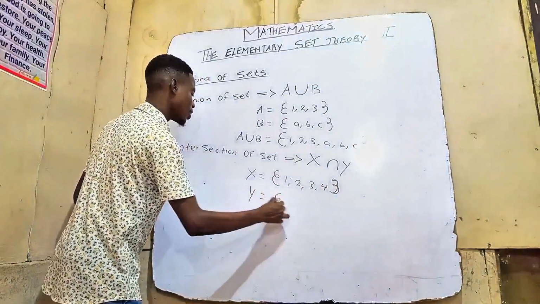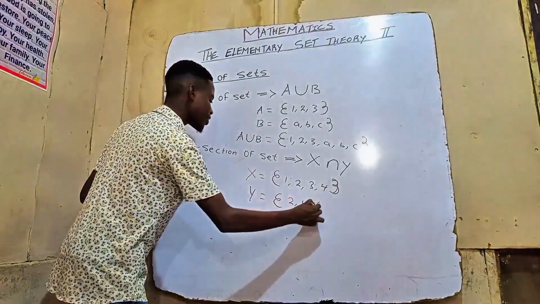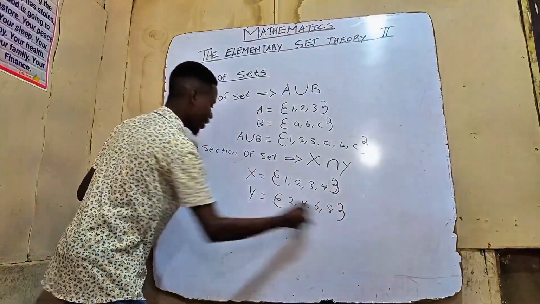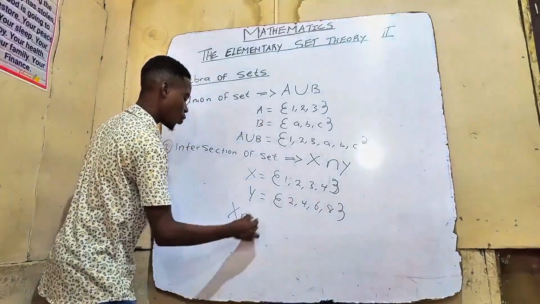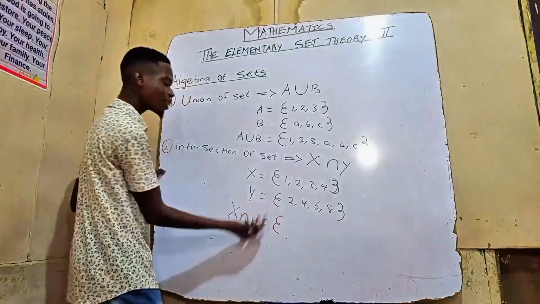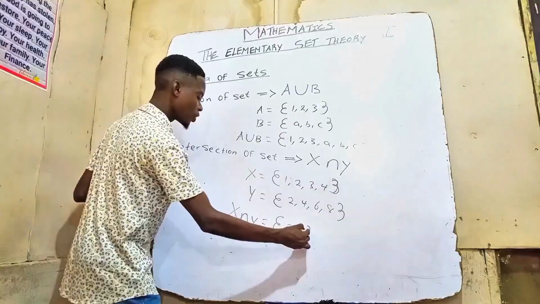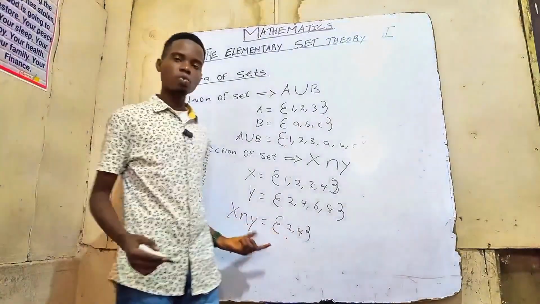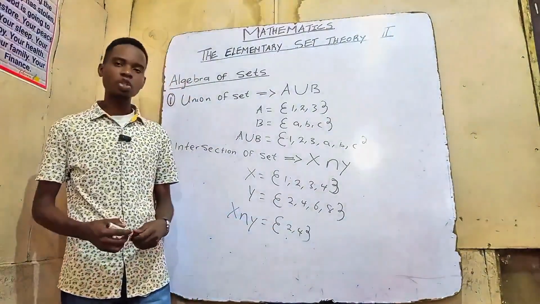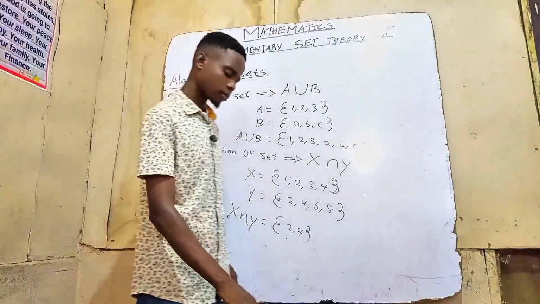Y is 2, 4, 6, 8. So X intersection Y is what they have in common. This is 2, this is 4. So {2, 4} is what we represent as the intersection of the sets.